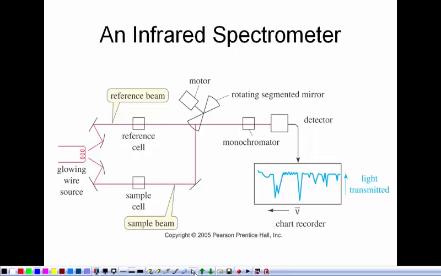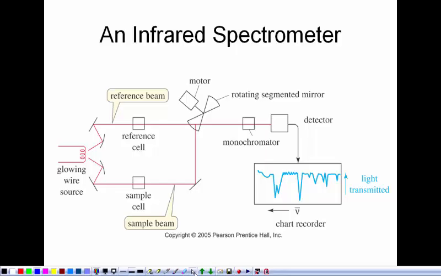Now, the spectrum for an infrared is upside down. The peaks are pointing down. So this is our baseline. That's the zero absorption. And then the peaks are pointed down. That's how it's been done traditionally. Every textbook shows those peaks upside down, and so I'm going to continue doing that.